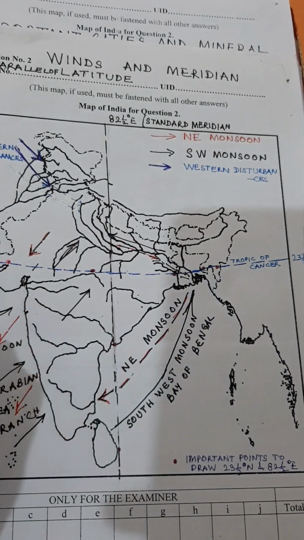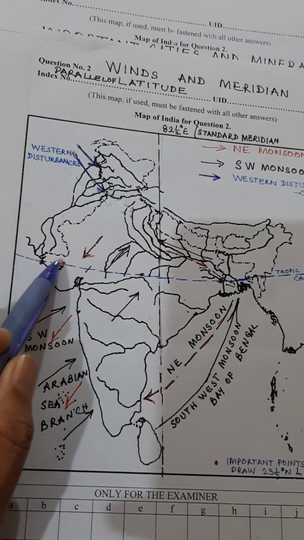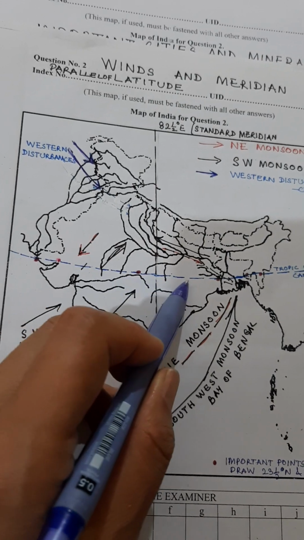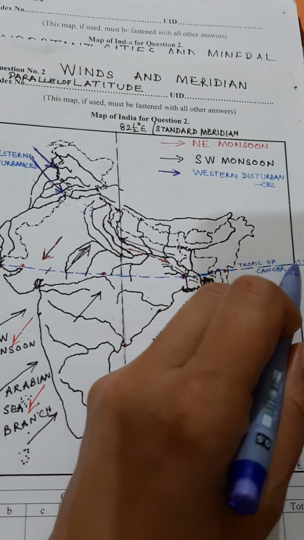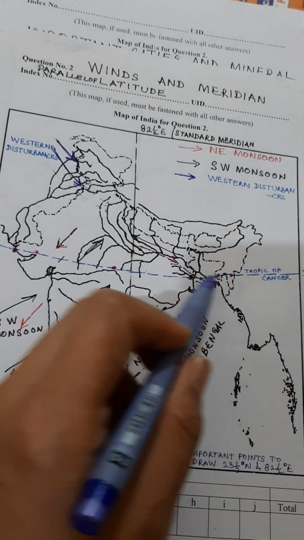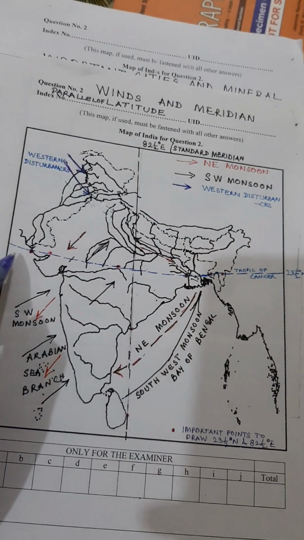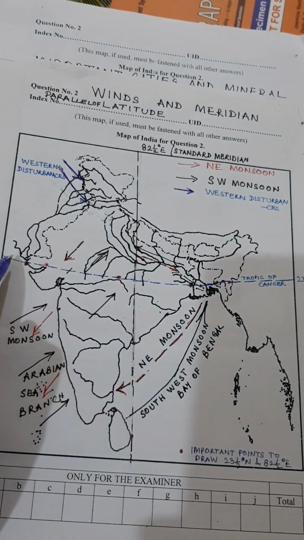Once I mark these dots, then with a curved line from one margin, I'm going to just connect these dots. So I can do this with a pencil, and then this line should touch the other margin. So this is Tropic of Cancer. It is not a straight line, it's a curved line. Notice the points through which it is passing.